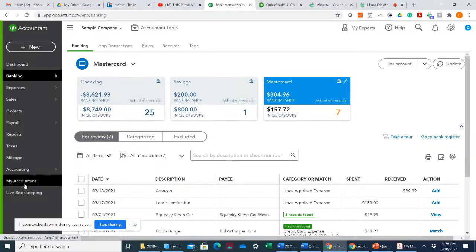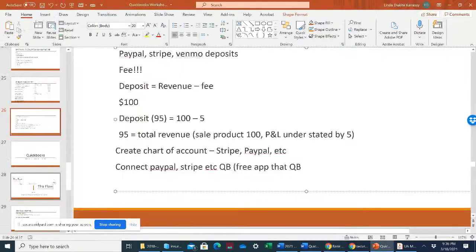I think maybe under my accountant, I can't remember, but there is a selection called apps, and then you can search for Stripe or PayPal and see if there's a free app. If there's not a free app, I suggest you go to the PayPal or Stripe and you can download the report, and it will break it out by revenue and fees.